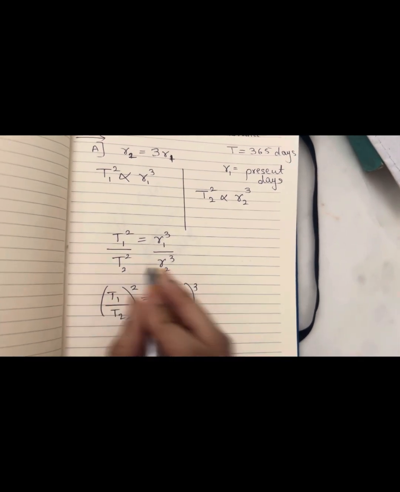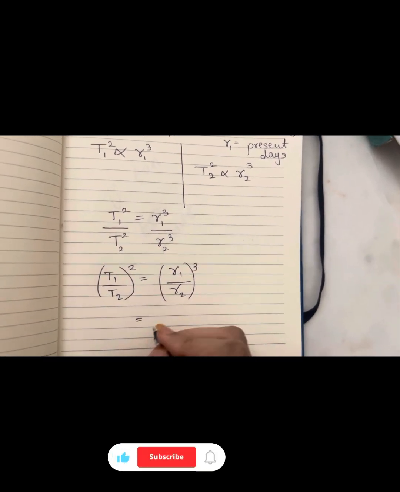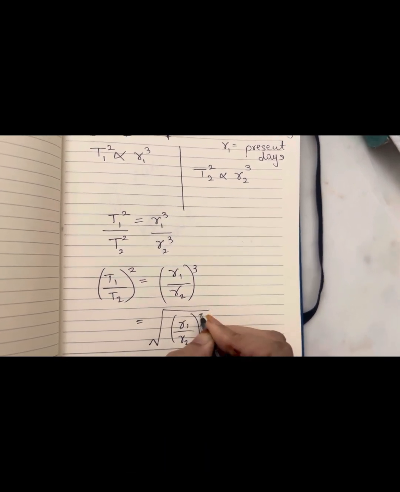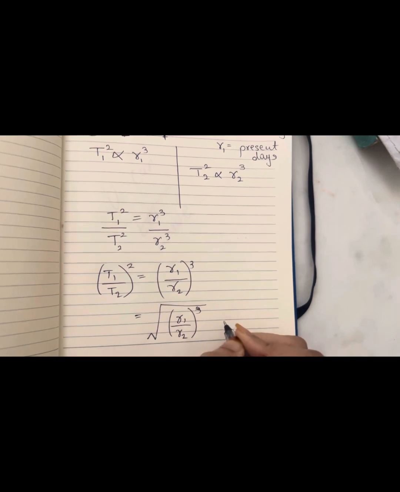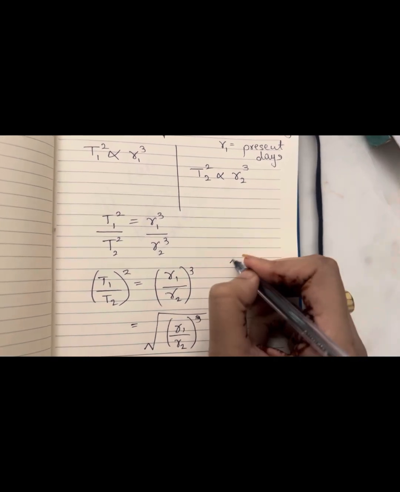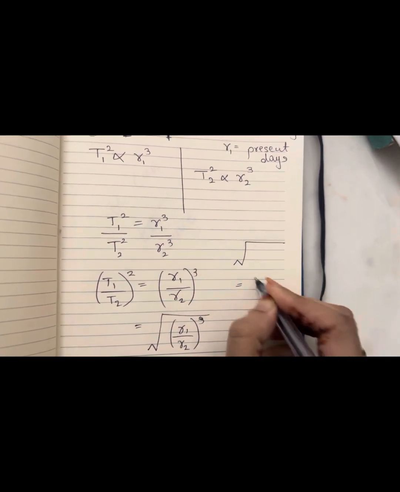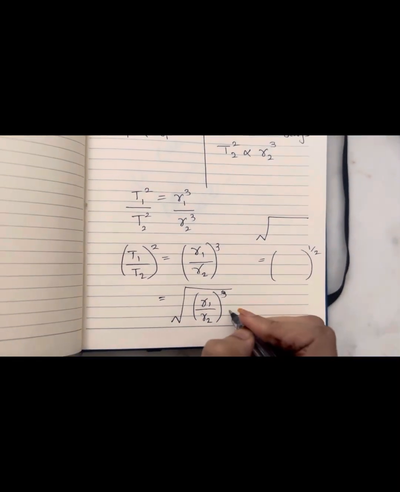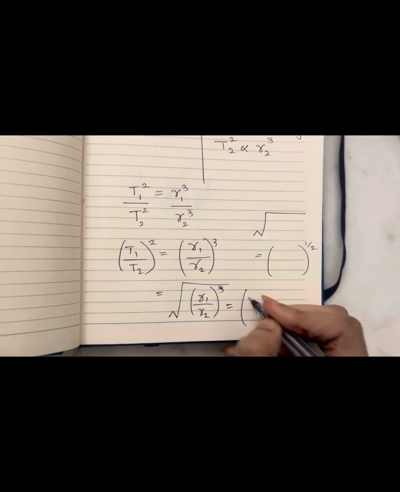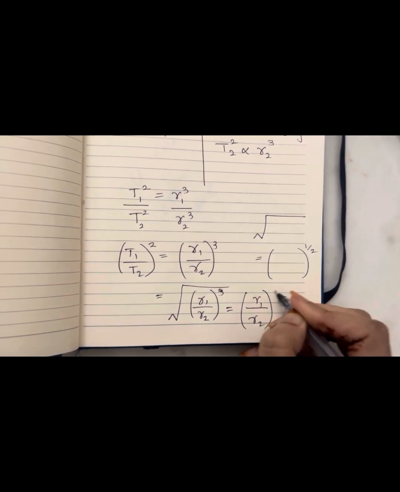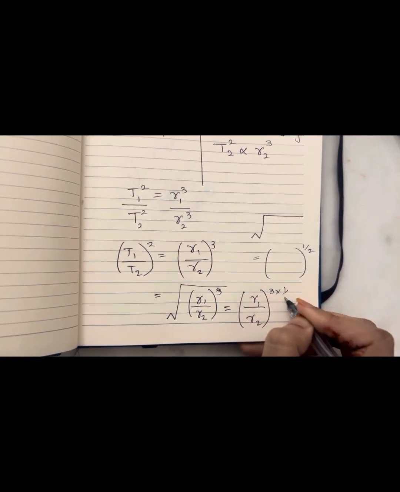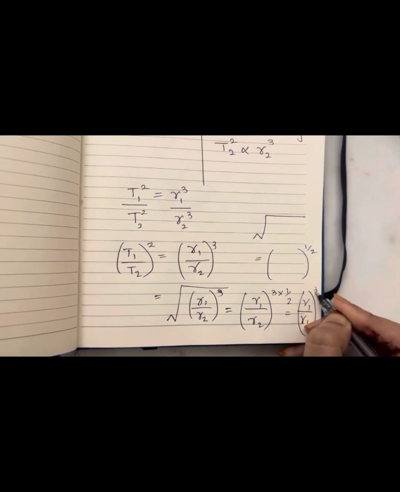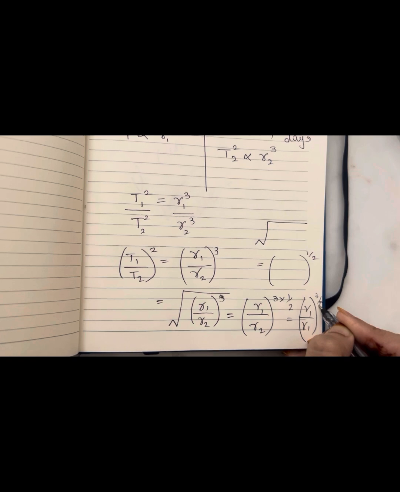Now when you take the square on the right hand side, it becomes a square root. So square root of R1 upon R2 the whole cube. Now what does square root mean? Square root is nothing but power 1 upon 2. So instead of writing square root, I'll write it in terms of power. So it will be 3 into 1 upon 2, that makes it R1 upon R2 raised to 3 upon 2.